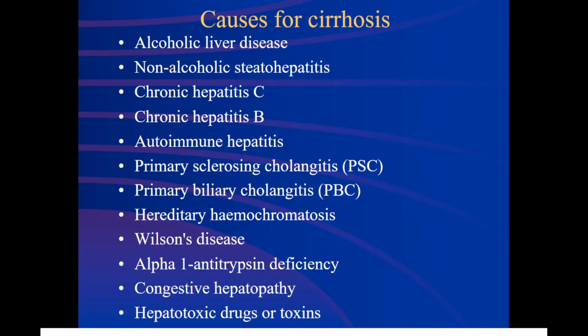Now let us go to cirrhosis, which also can be seen in outpatient. Cirrhosis is end stage of many different liver diseases. That's why I give this list of causes for cirrhosis to show you how many different liver pathologies may be seen in outpatient and inpatient also, but our topic is outpatient with liver disease.